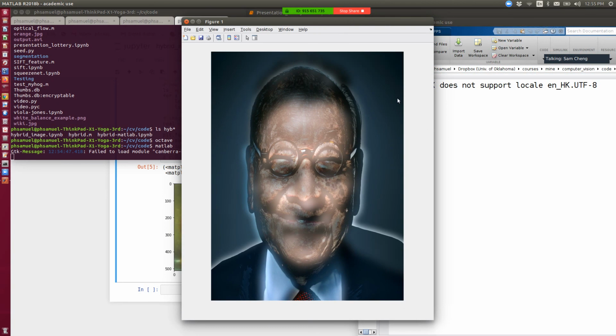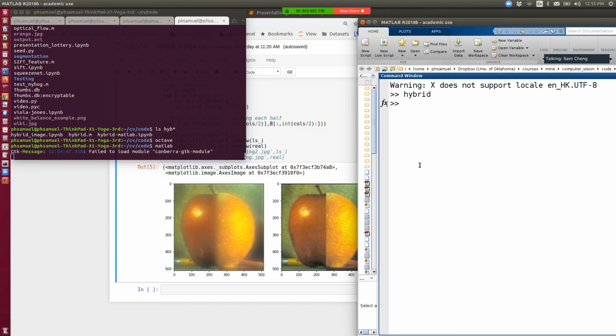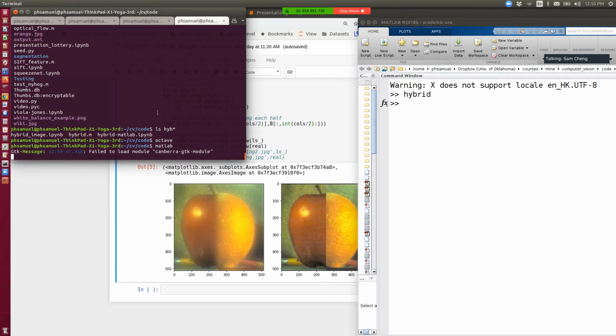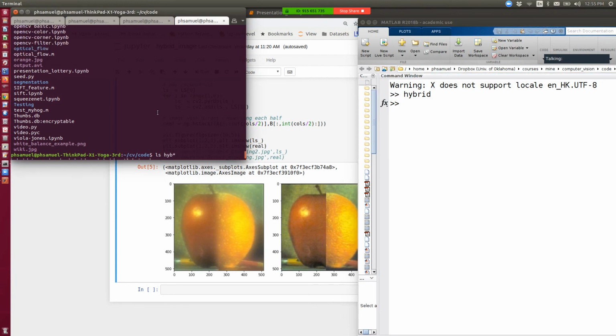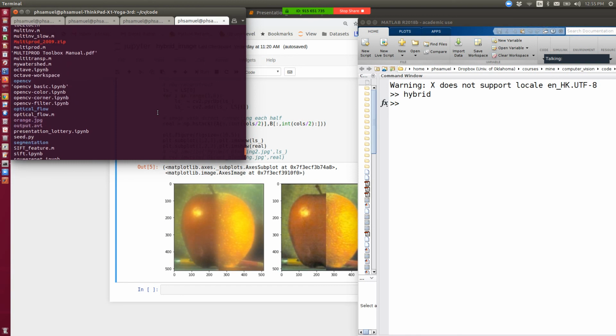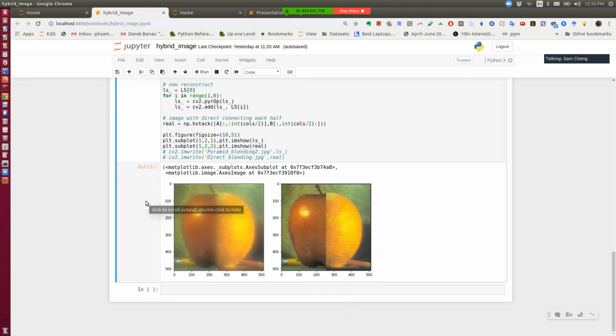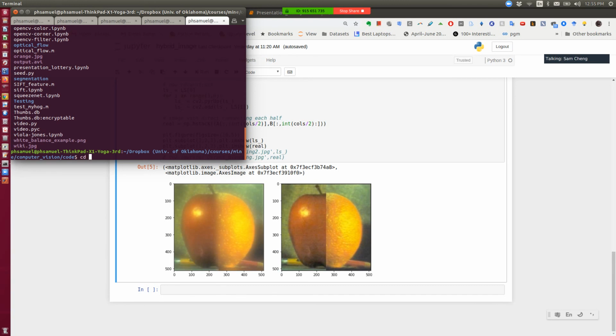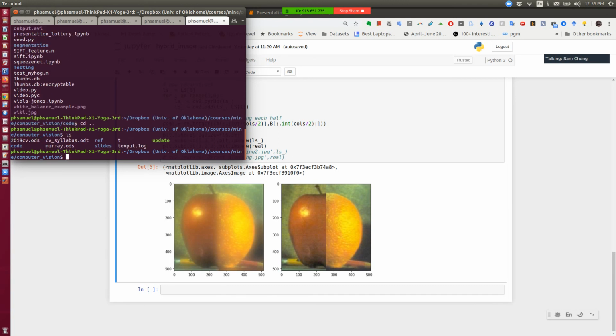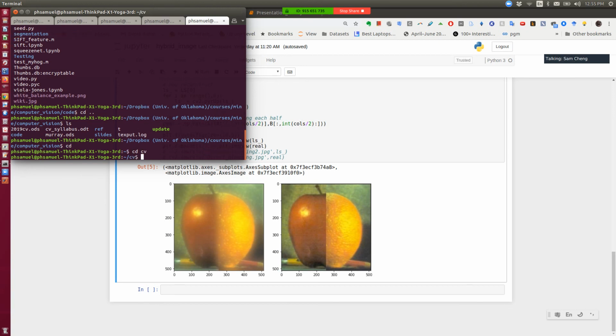Oh, this is not that one, I guess. Then the hybrid MATLAB. No, I cannot find that. But I remember my own implementation in MATLAB. Just my impression is the quality is a little bit better. It depends on how they do blurring, I guess.